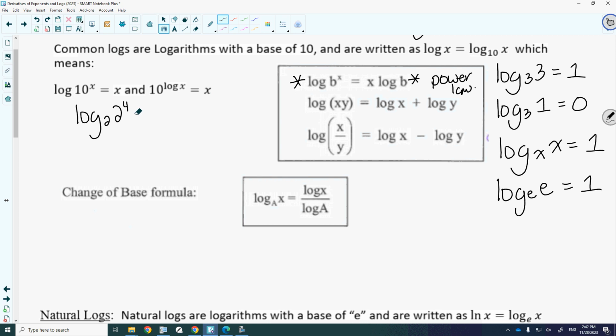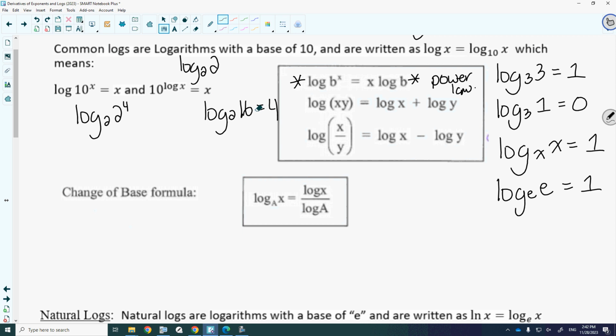So what is 2 to the power of 4? 16. So here's one way you could do it, which I wouldn't recommend. Log base 2 of 16, and then 2 to what power will give you 16? What's that answer going to be? 4.